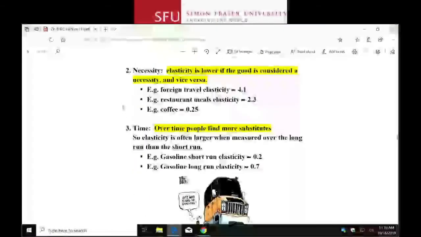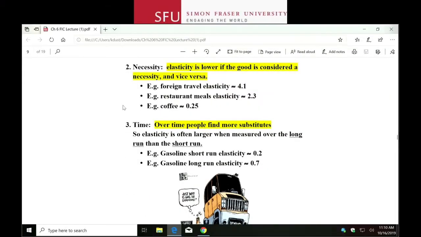Okay, so over time, people find more substitutes. And also more substitutes are developed.